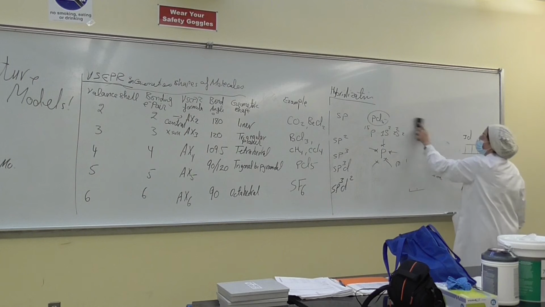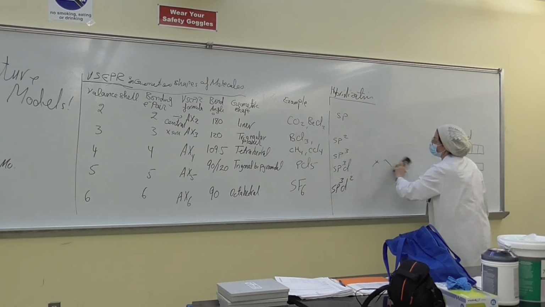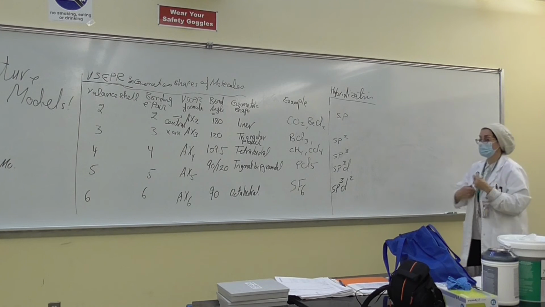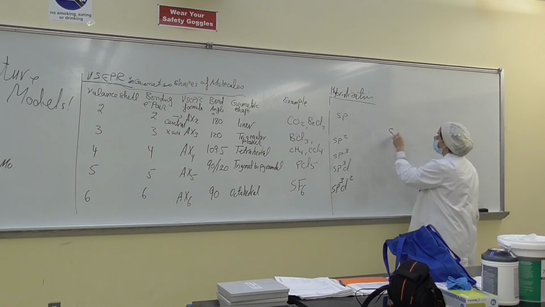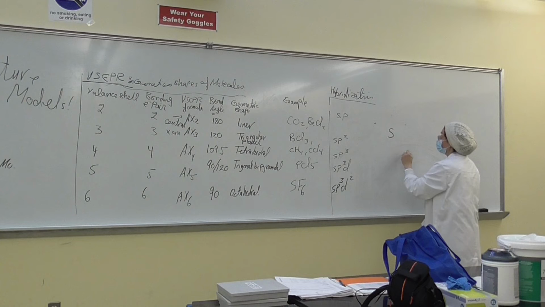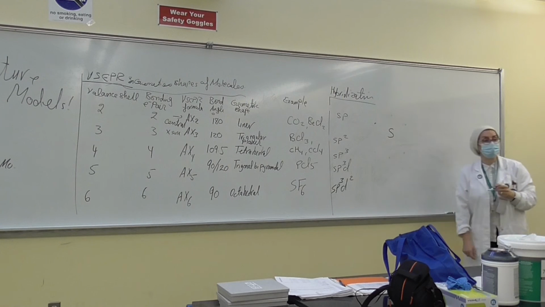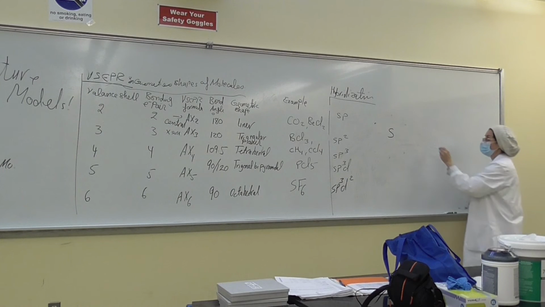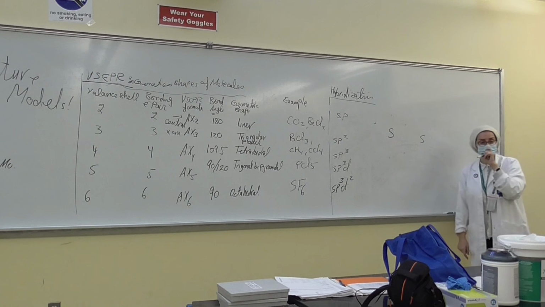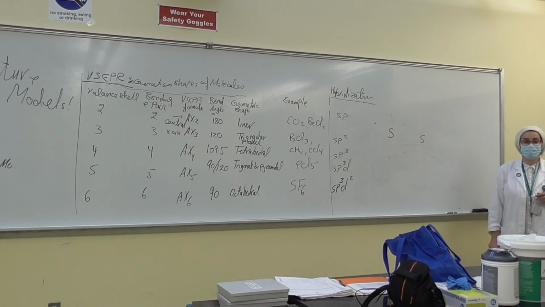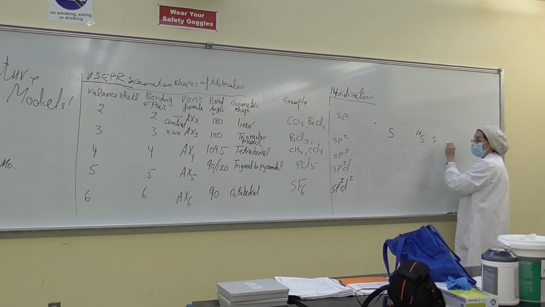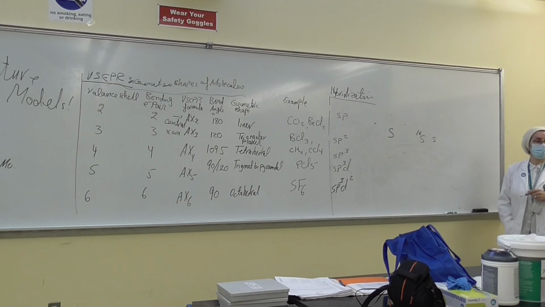So first, number 1, we need to make sure how many electrons we have in the outermost shell for sulfur. Remember, sulfur was able to accommodate 6 atoms surrounding it. What is the atomic number of sulfur, Maria? 16.